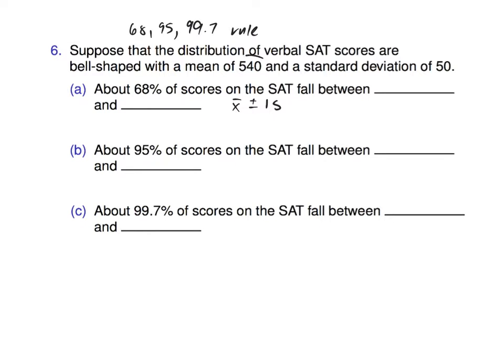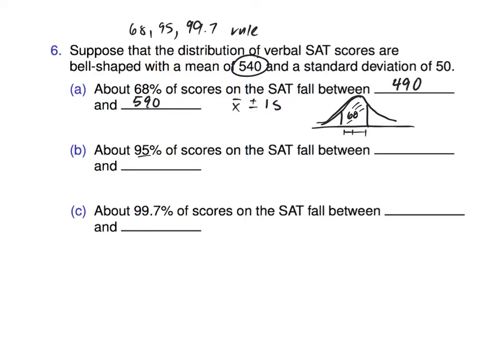So if your mean is 540, what's the low end of 68%? 490. And what's the high end? 590. So given this sort of bell-shaped curve, which is so hard to draw, 68% of people fall in the middle, plus or minus 1 standard deviation from the mean.